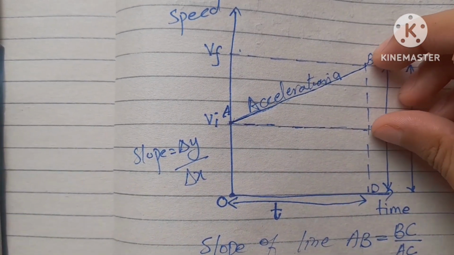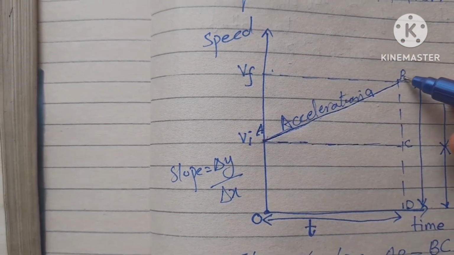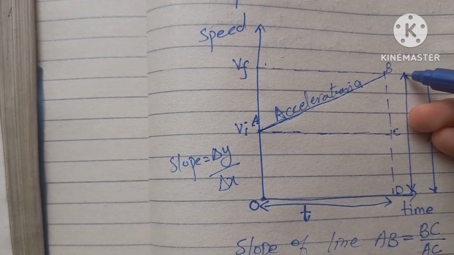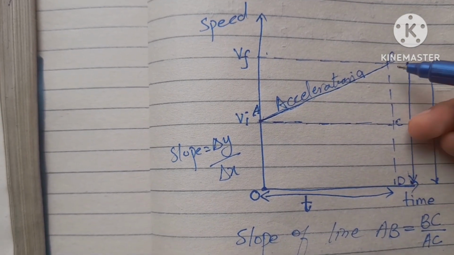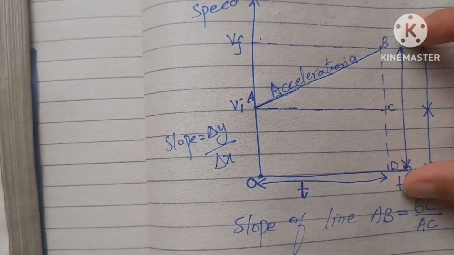But here is a confusion: how do we calculate this BC? If we want to calculate BC, we consider this full height B to D, and for calculating BC we subtract this portion CD from the full BD.